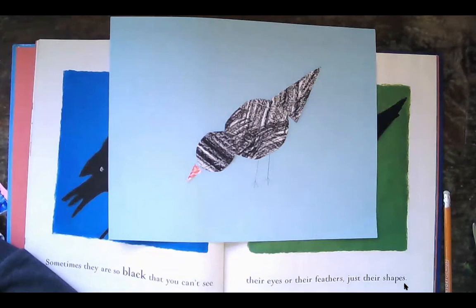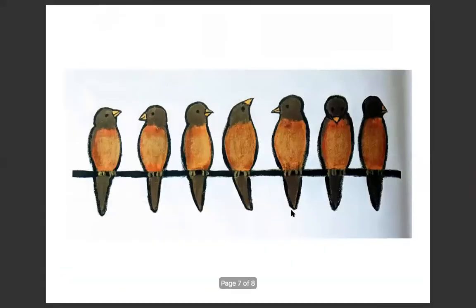Back here, these birds from yesterday. So if you want to think about collage shapes that are here, you can still see sort of an oval, maybe this is a circle or an oval, and then here's a circle for the head, and here's a triangle and a triangle.